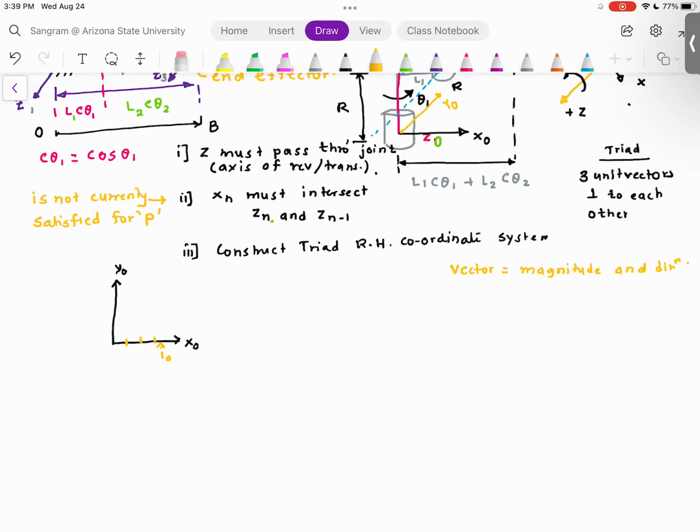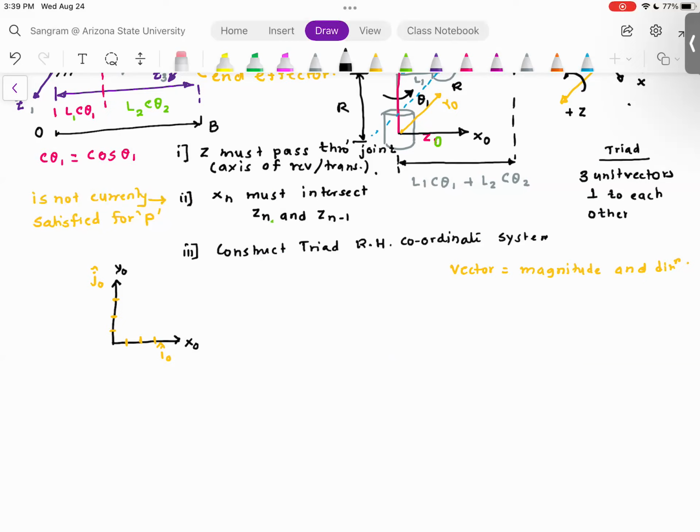If you travel by 3 units, you have traveled 3 i0s. Same thing with y. Y is j0. Travel by 1 unit, 1 j. Travel by 2 units, 2 j, travel by 3 units, 3 j, etc. So every point in this space is defined by a unit vector and the magnitude associated with it.